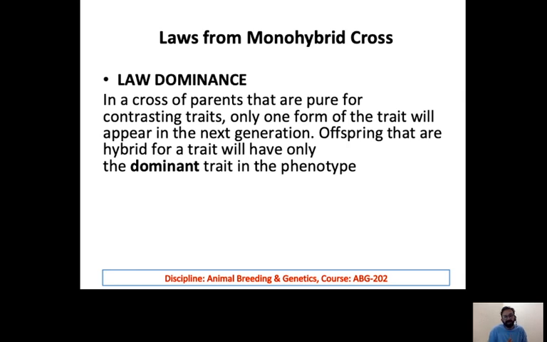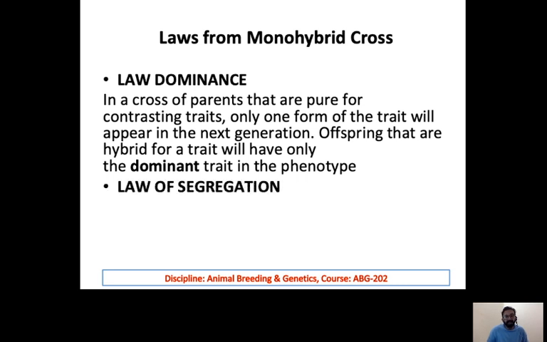And in the previous example, it was the purple color. So, offspring of that hybrid for a trait will have only one dominant trait in the phenotype. This is the law of dominance.